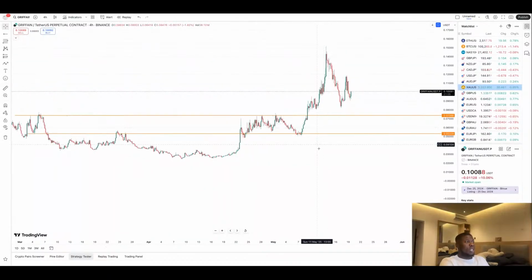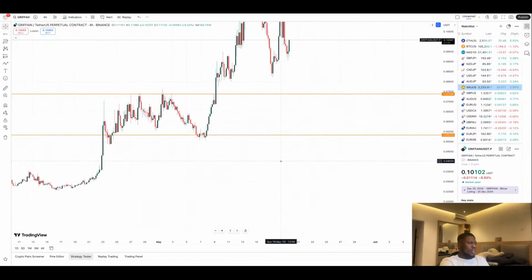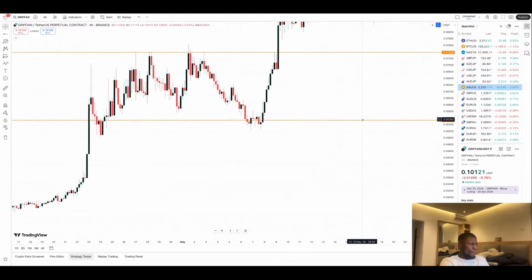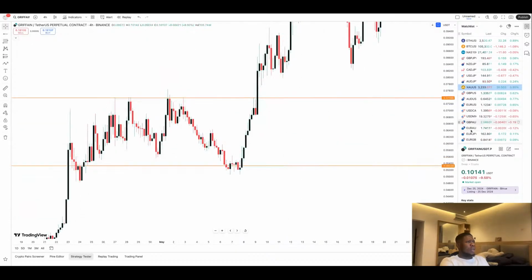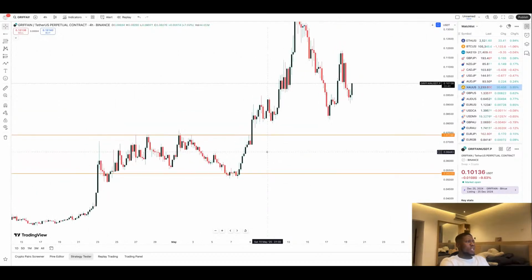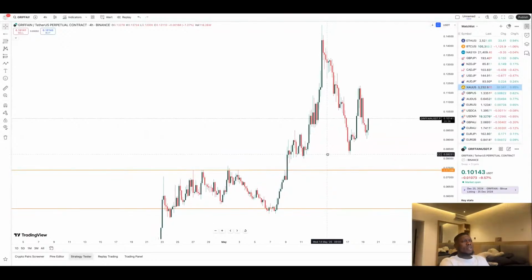So I need to draw my, okay, I need to know the low between these two. Low 561. Okay, so right at this moment this is an uptrend on graphene. Okay, is this uptrend still active?